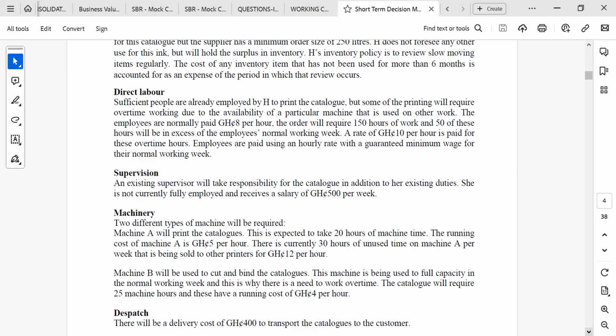But if they are fully engaged, then the hours required is 150. If the people don't have any spare hours, the hours they are going to be using on the contract should be overtime, because they don't have any hours that they can use.